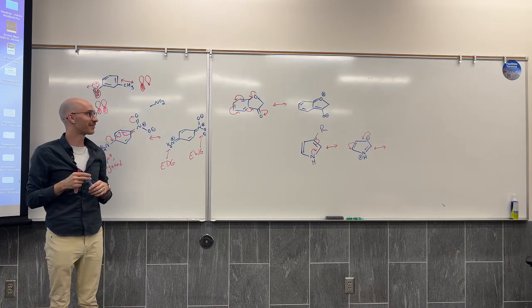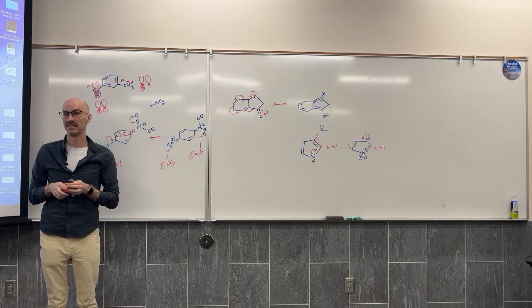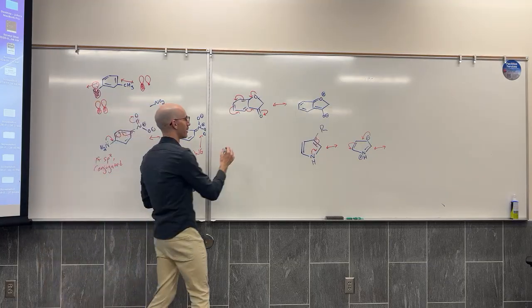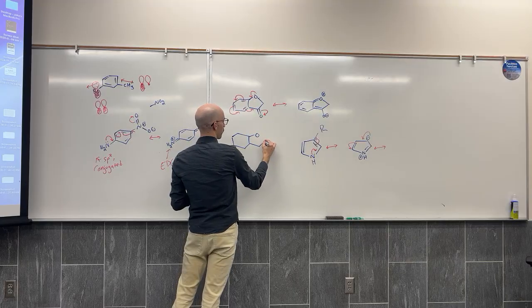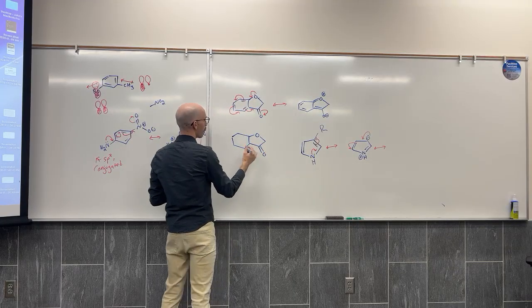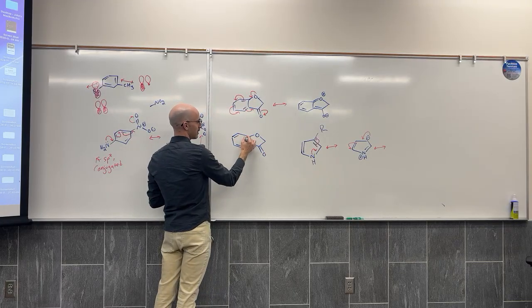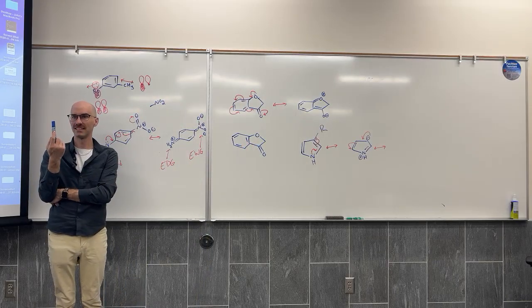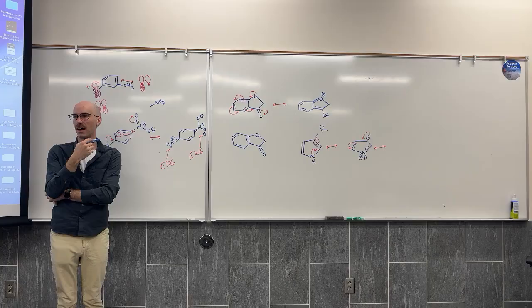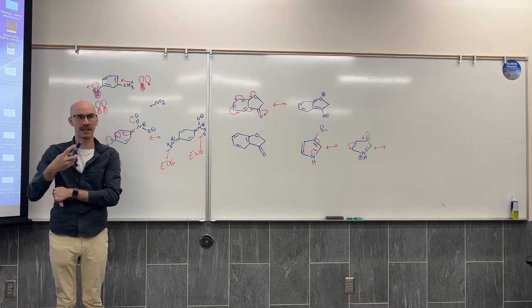And I'll tell you something, it doesn't have to be. I'm going to redraw this starting structure, but with the other resonance form of benzene. Because remember, benzene doesn't have the pi bonds in one spot or the other. Benzene really has a 1.5 bond everywhere.